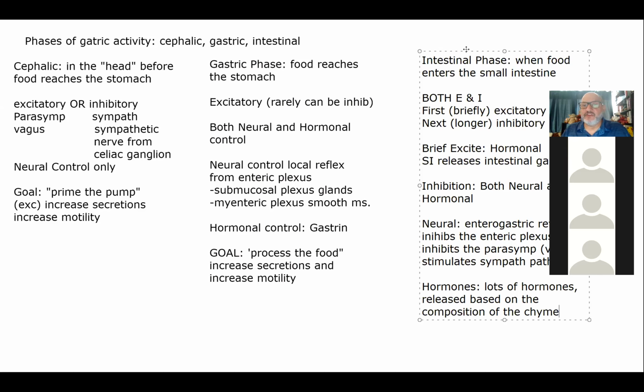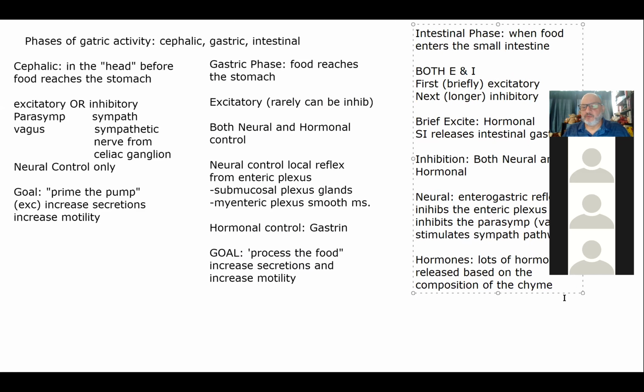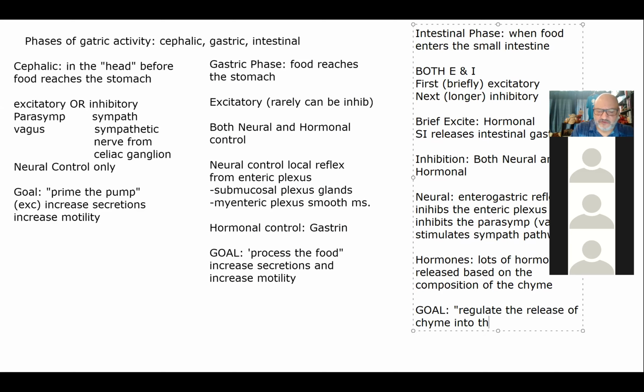However, the key, and I'm going to have to move this one up a little bit so we have room to write. The goal of this process is the same. The goal here is to regulate the release of chyme into the small intestine. We want to limit the activity of the stomach. The stomach wants to process all its food and get rid of it, but this is our way of telling the stomach to slow its roll.